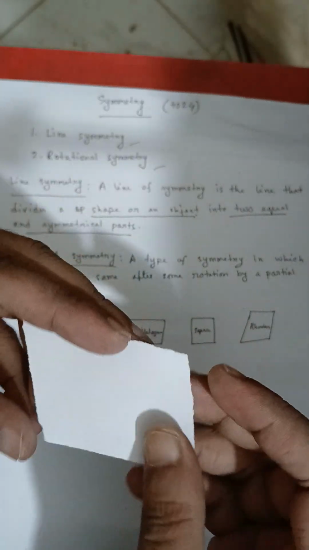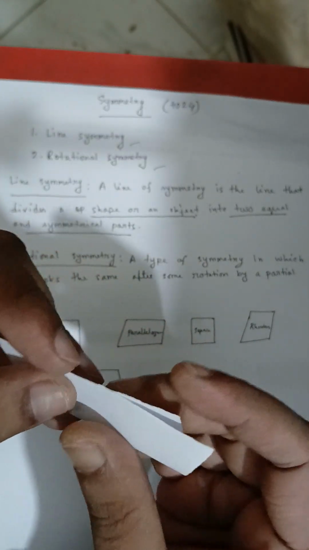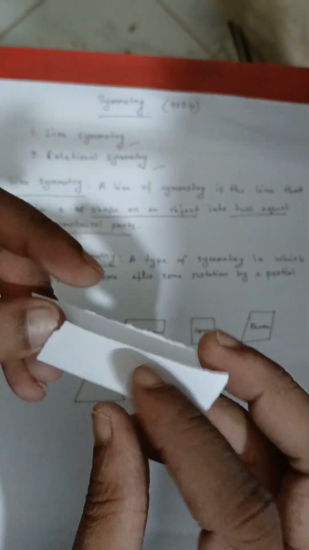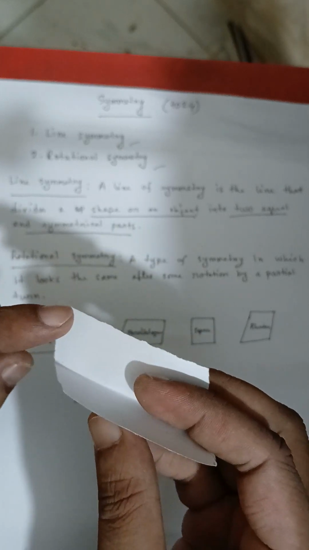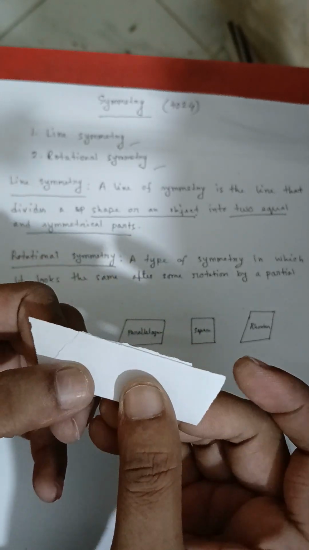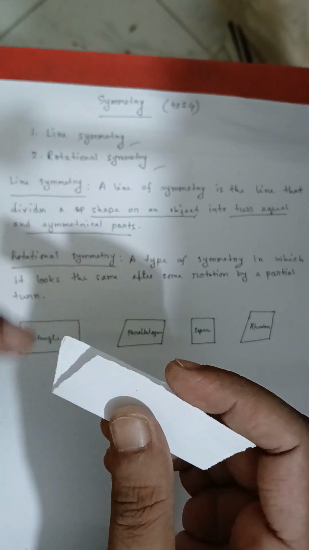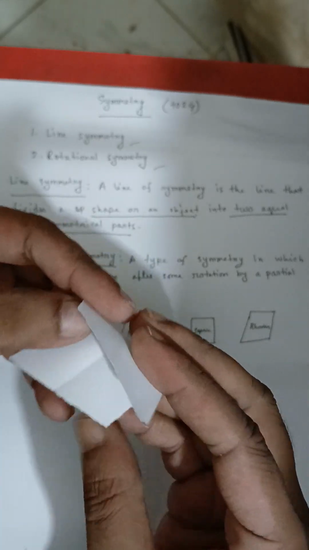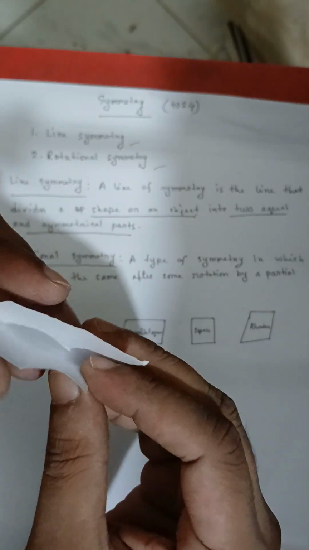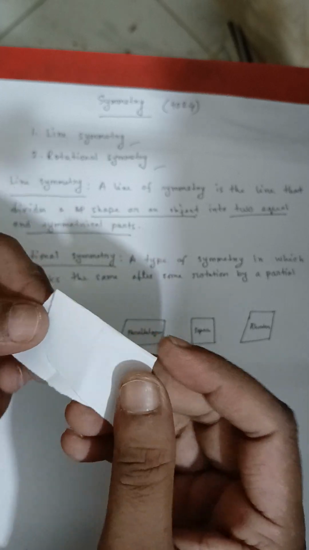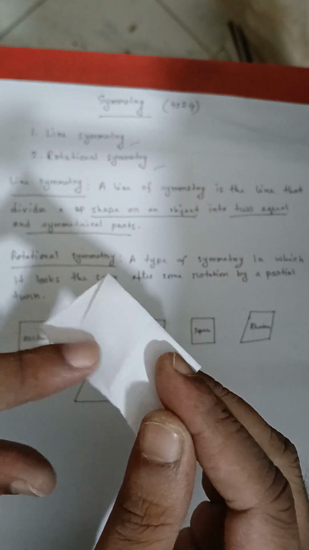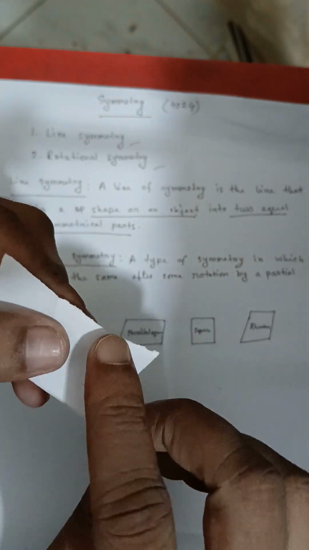This is what? This is a parallelogram. If I fold it, does it match? This corner doesn't match this corner, right? Here also. So it is not a line of symmetry. Again, if I fold it like that, it does not match, right?